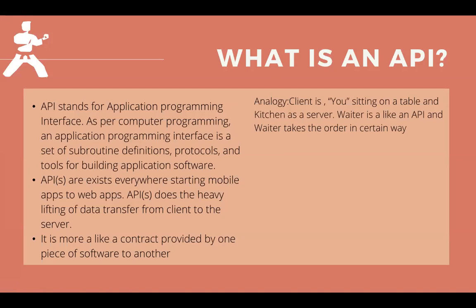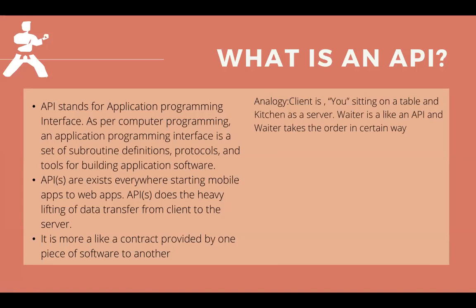If you talk about Microsoft Word or Microsoft Excel, or anywhere, we have APIs. Under the hood they also use APIs, but not necessarily on the web. When we have something on the web, we don't call it an API; it will be called a web service.